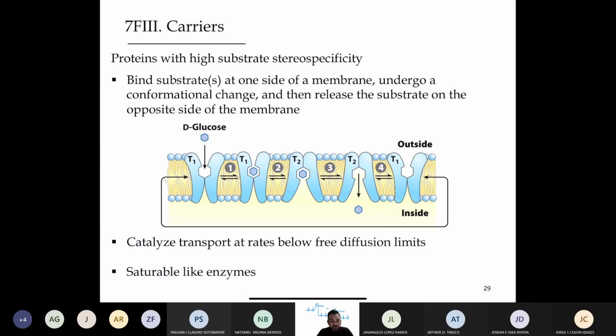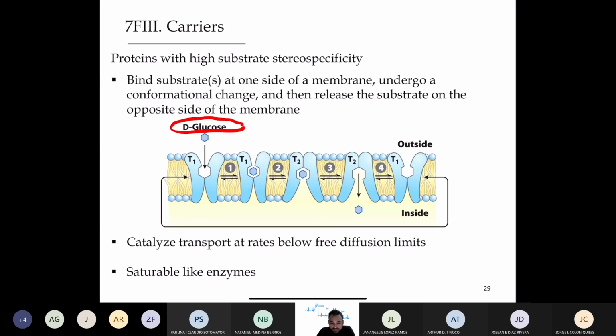Here we have a representation of the movement of glucose in terms of its interaction with a given transporter. Carriers are proteins with high substrate stereospecificity. So they have a certain recognition, and in this case that's very stereoselective. They bind substrates at one side of a membrane, undergo a conformational change, and then release the substrate on the other side of the membrane.